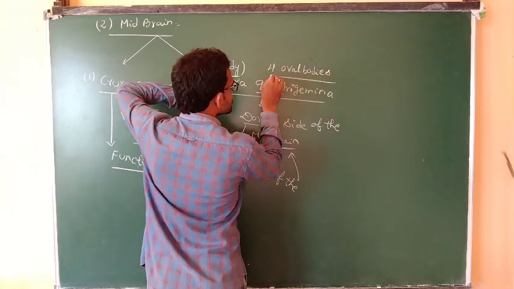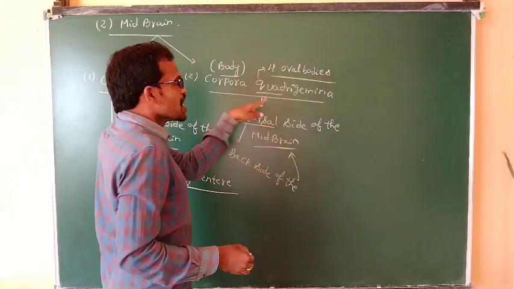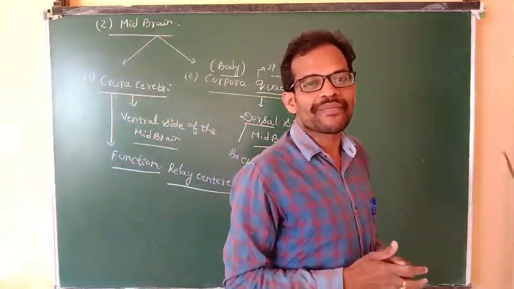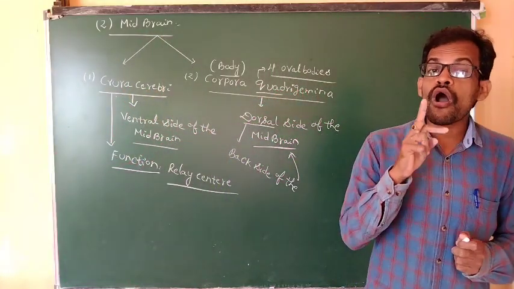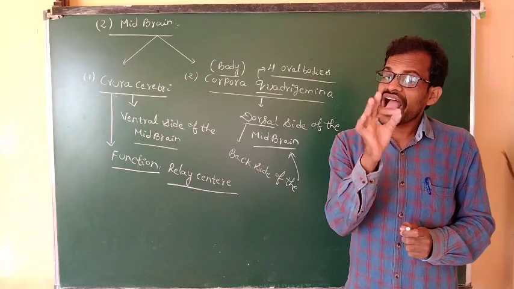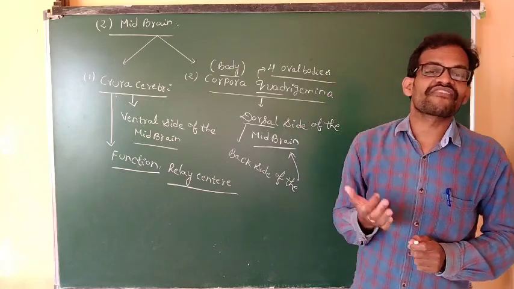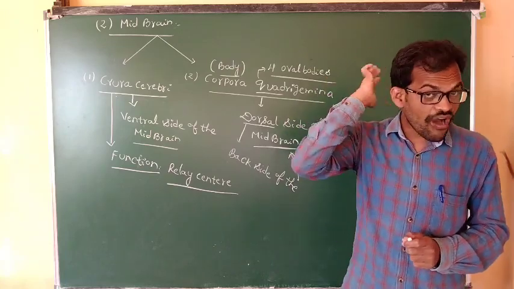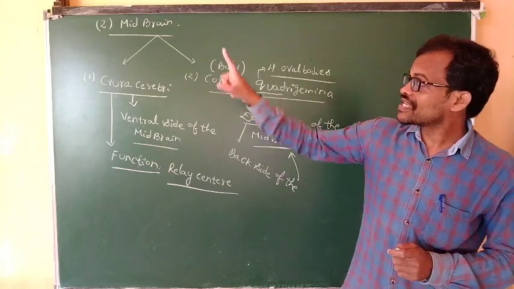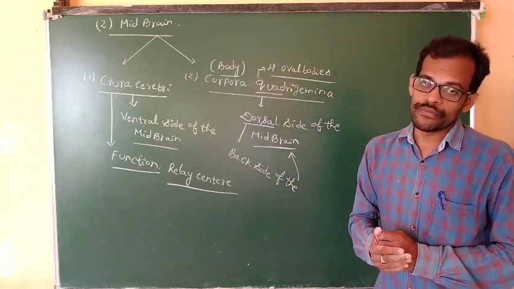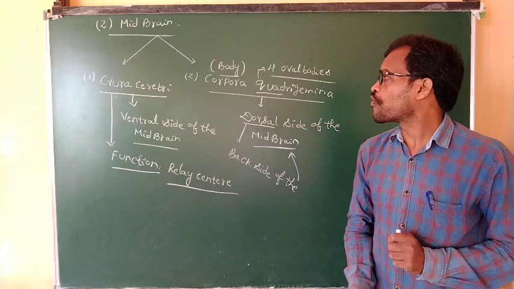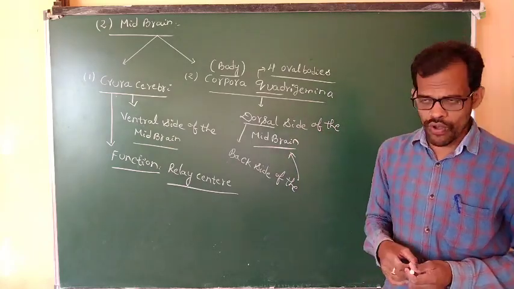How many bodies? Four bodies. These four bodies are located on the dorsal surface, the backside of the midbrain. What is the function of these bodies?